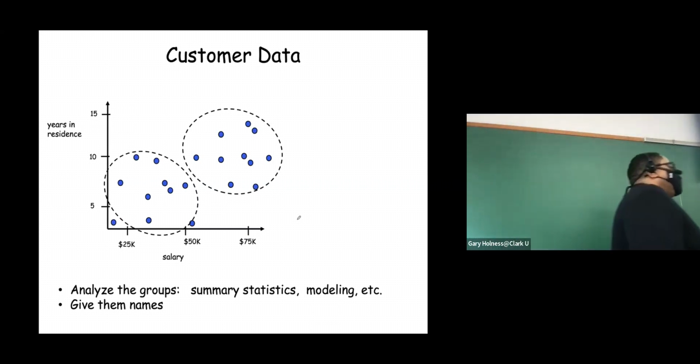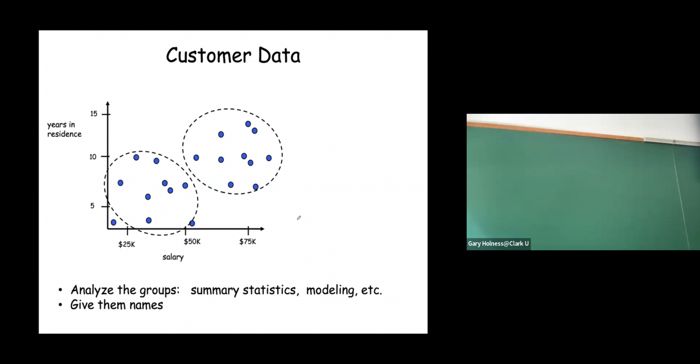And one of the things in our analysis is to go in and give them names. Now, in this case, it's on purpose, I've made two groupings. And you might call one grouping, after you analyze it, the mean salary, the mean years in residence for each grouping. You might call one of them those who you're going to approve and those who you're going to deny.